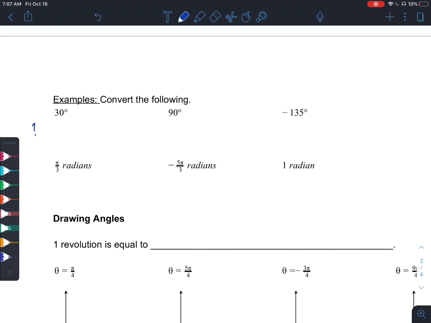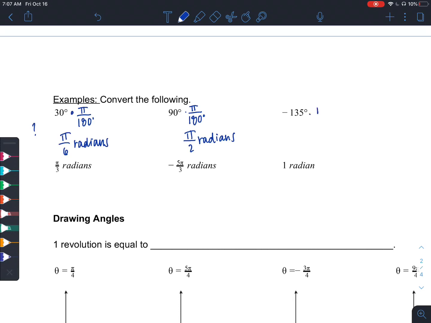Okay, so for 30 degrees, you should have multiplied by pi over 180, and so you get pi over 6 radians when you simplify. 90 degrees, again, you're multiplying by pi over 180, so we get pi over 2 radians.